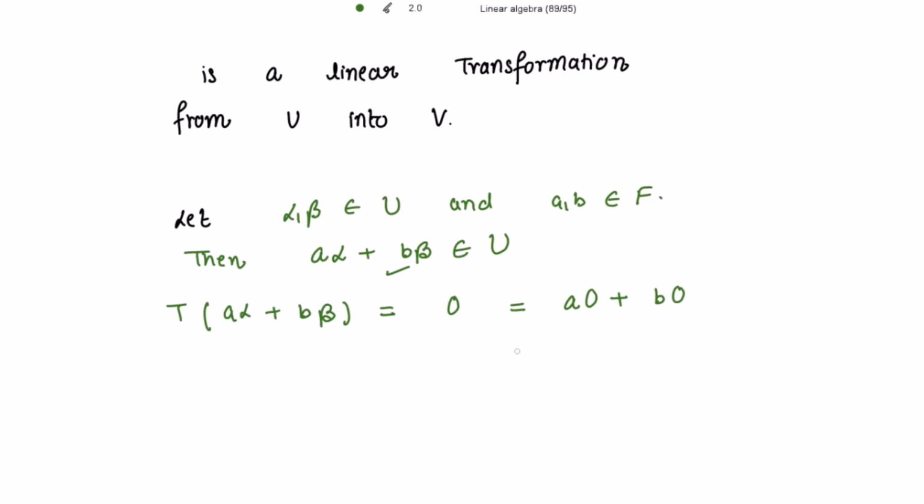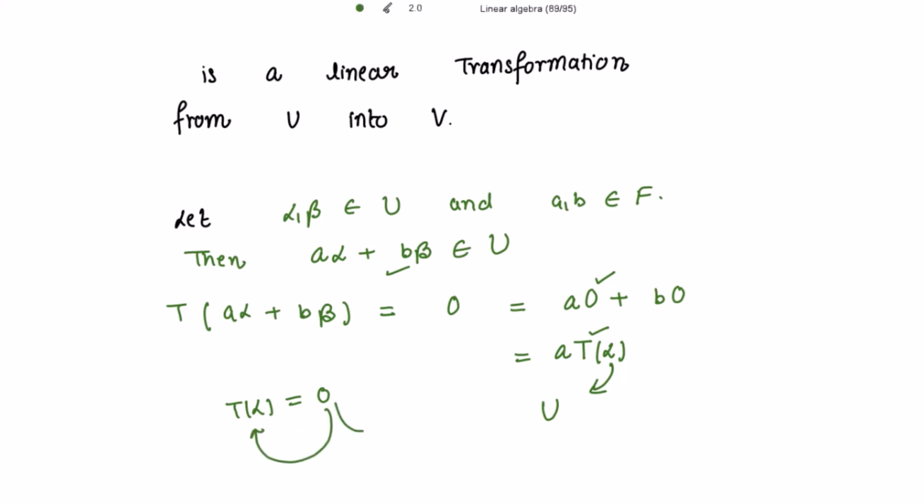Okay. So by definition, this will be further equal to a into, can I write 0 as T of alpha by definition, because whatever element you take from U, when applying this T, we will get the answer to be 0. So whatever element I take, T of that element will be equal to 0. So we can write 0 as T alpha.